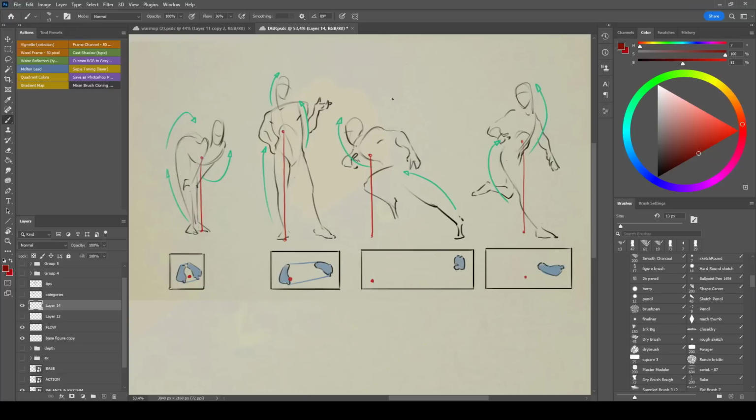The rhythms are, in a sense, closely related to the lines of action, but they don't describe the actions that are happening. They basically just describe the flow of the shapes. So for example, in this case, the rhythms are describing the fact that I have my wedge shape of the backside of my leg that's curving around, and then we have the butt that's also curving around as well.